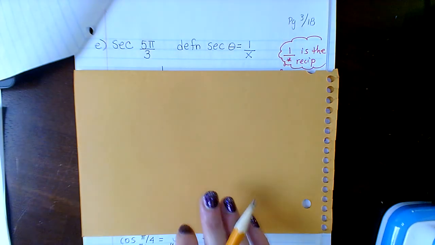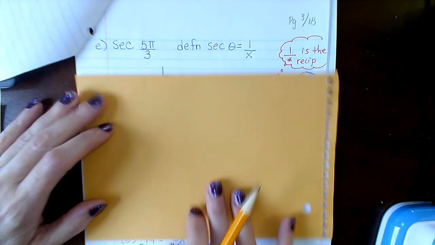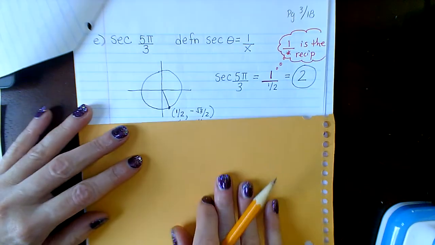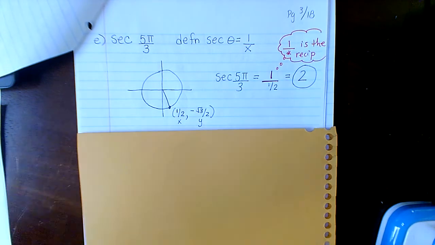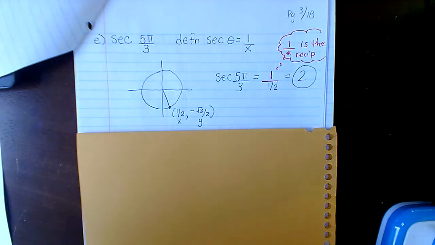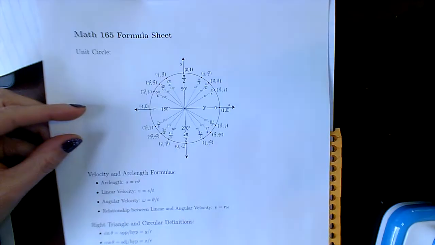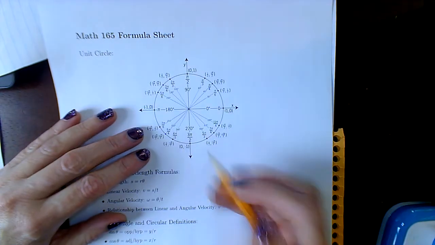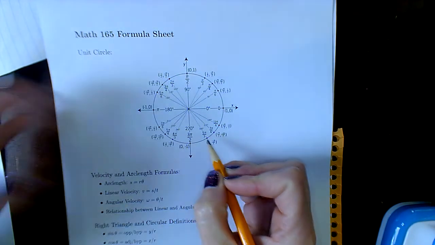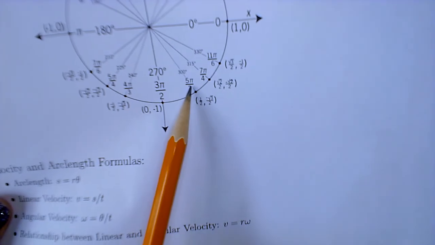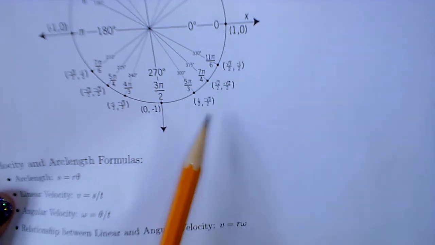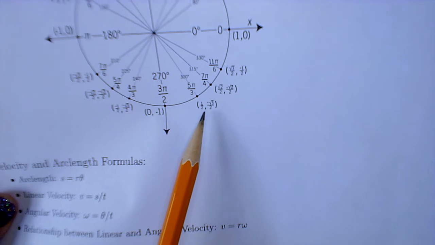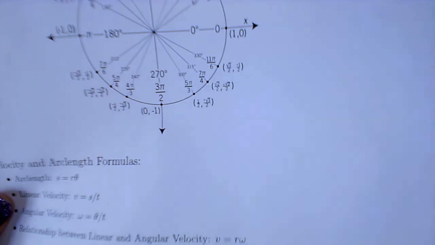Okay, so the definition of secant is 1 over x. So we need the 5 pi over 3 point. In my unit circle, it's really small, but it's right here: 5 pi over 3, and it also says 300 degrees. You can see the point associated with it is 1/2 comma negative root 3 over 2.